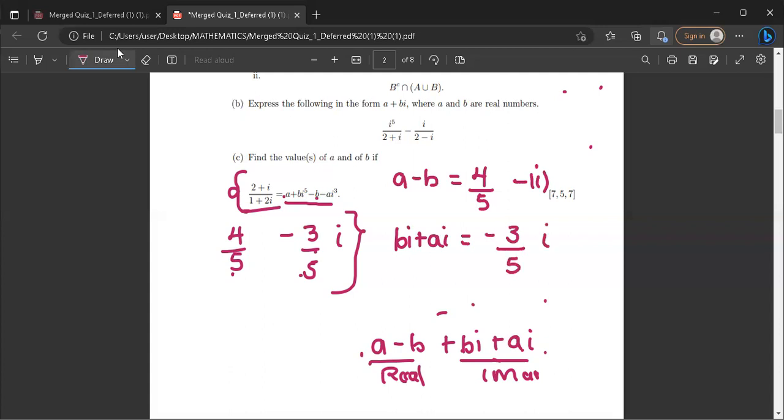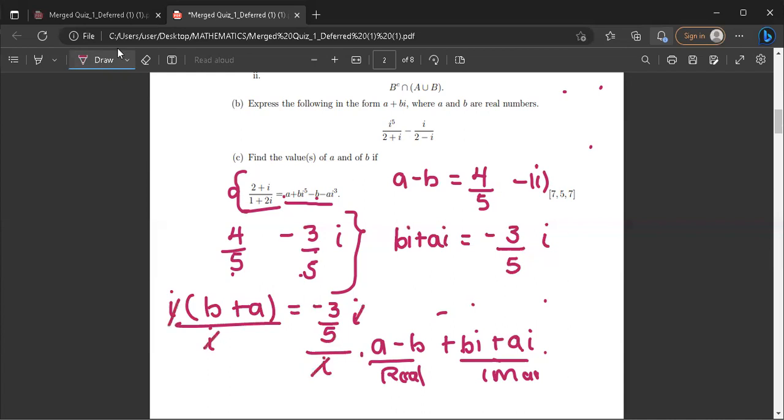Then you know that you can just factorize the i. If you factorize the i on the left part, we're going to have b plus a is equal to -3 over 5i. Then you can divide both sides by i to get rid of the i. So this i will cancel and this will cancel.